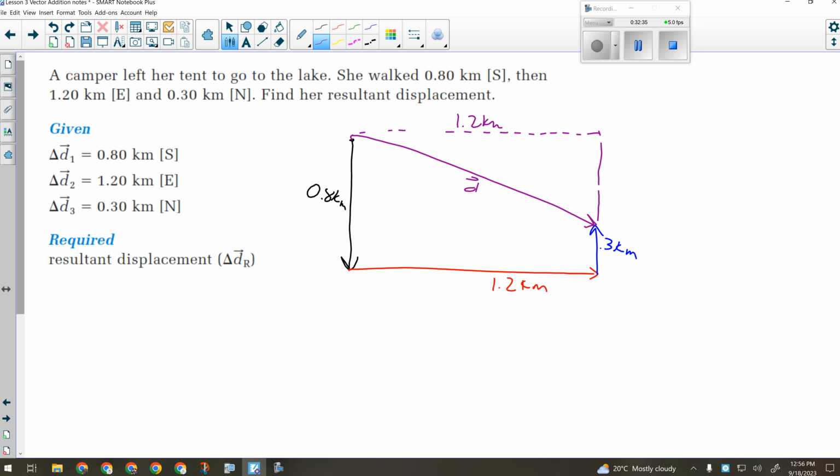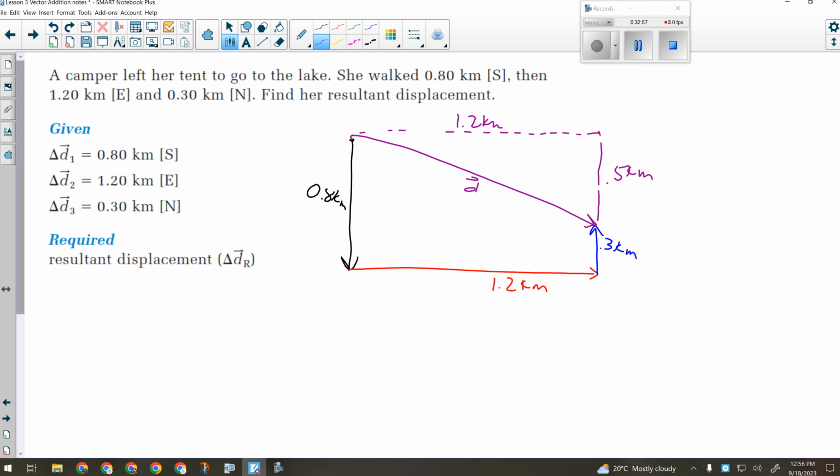So all we did here was take our only horizontal or x component, and then we took our 2 vertical components and added them together. 0.8 kilometers south plus 0.3 kilometers north equals 0.5 kilometers south. So now I have the 2 sides of that triangle.